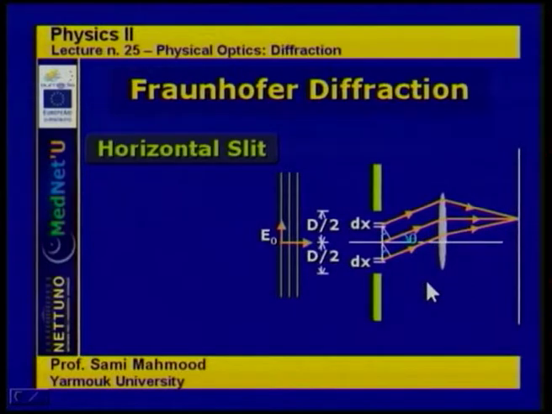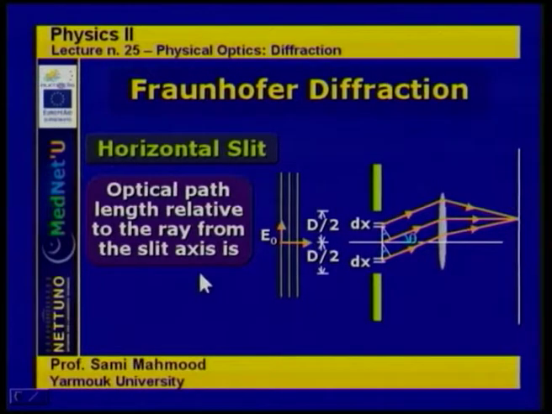We have a wave front that is incident on this slit, and the optical path length is measured relative to the ray from the slit axis, the ray that's coming from the center of the slit. If this path length is called L, then the optical path of any ray is simply L minus x sine theta, where x is the position of the ray where it is emerging from the slit.